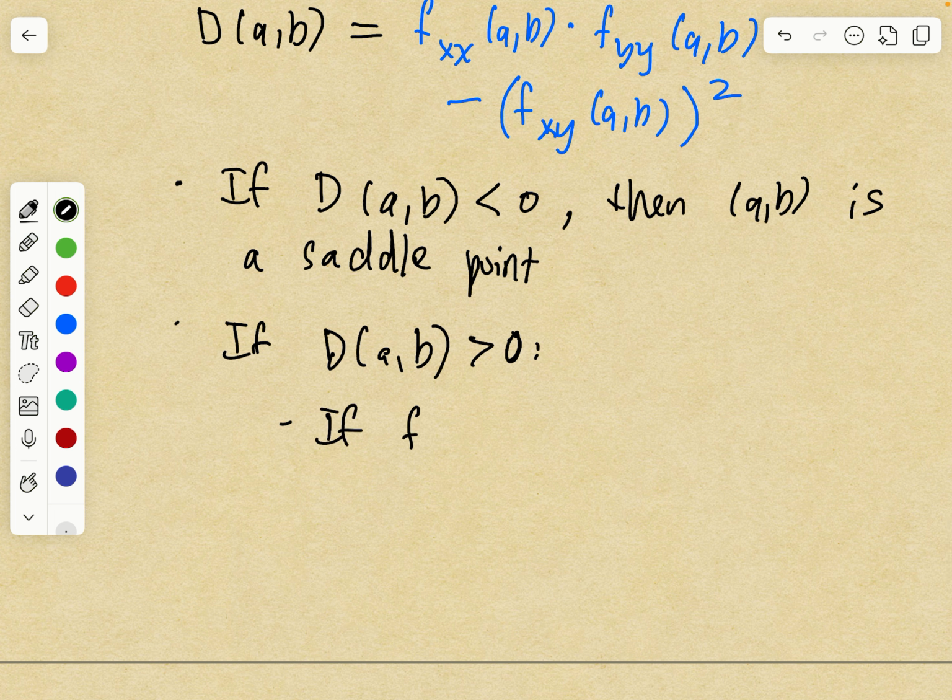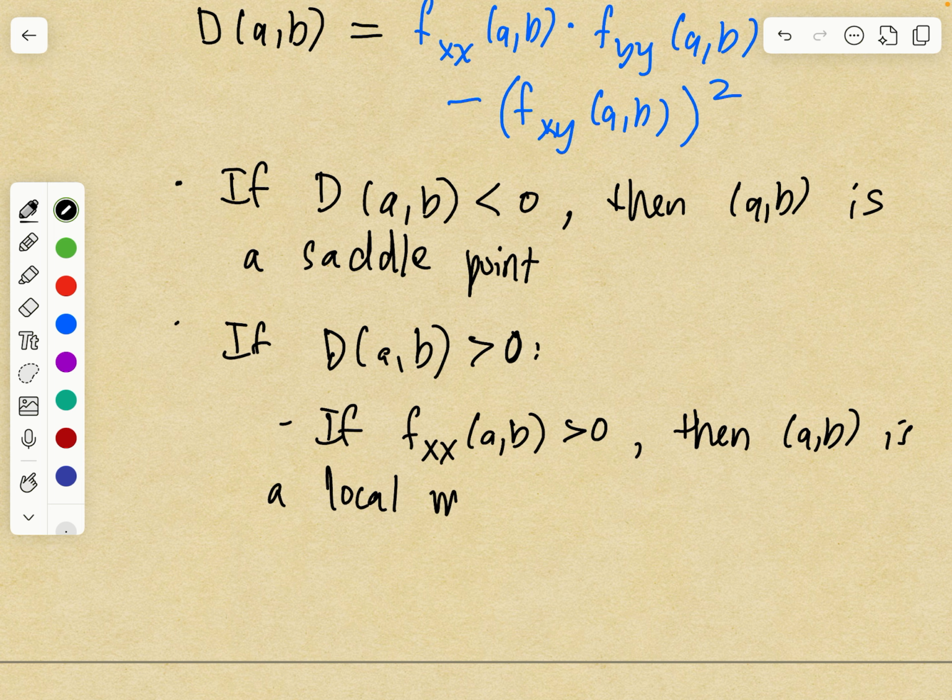If the number on the top left, f_xx at (a, b), is positive, then f has a local min. The critical point is a local minimum.